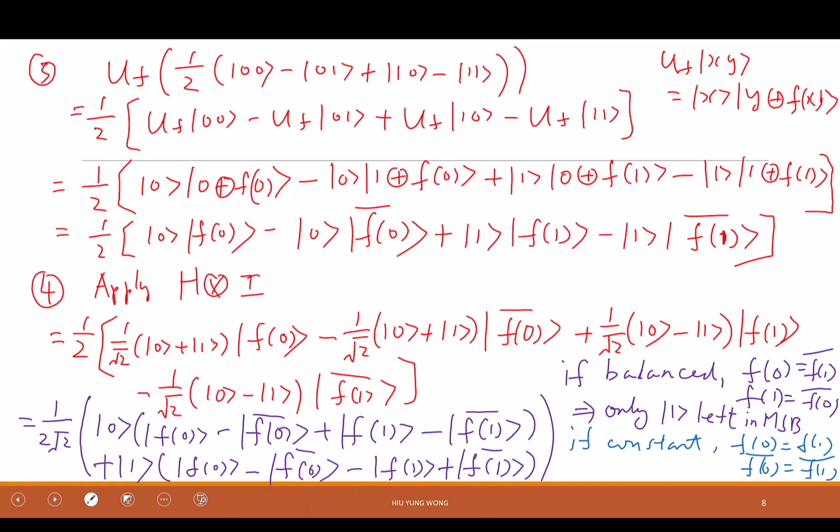You are not going to measure 1. You always measure 0 in the MSB. So with this Deutsch algorithm, if you measure the most significant bit after this algorithm and you get 1, then you know that this is a balanced function. If you get 0, you know this is a constant function.